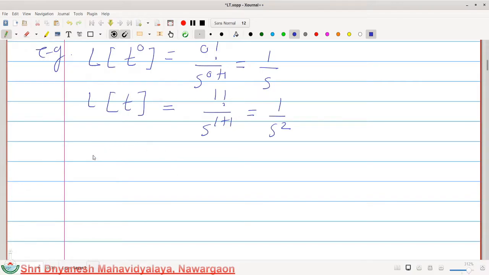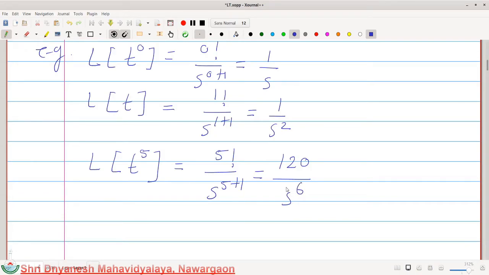So let us write a higher power of t, say 5. What will be the Laplace transform of this function? It will be 5 factorial upon s to the power 5 plus 1. What is 5 factorial? It is 5 into 4 into 3 into 2 into 1, that is 120 upon s to the power 6.